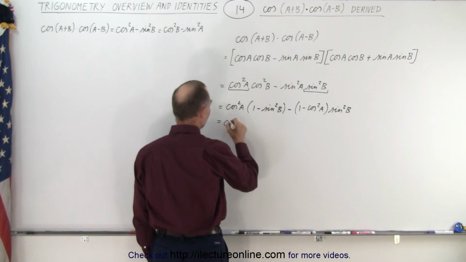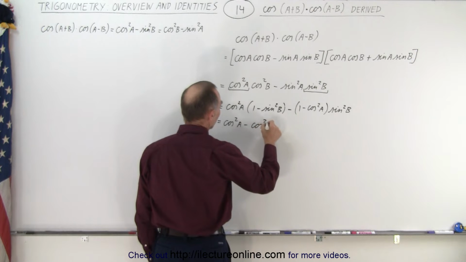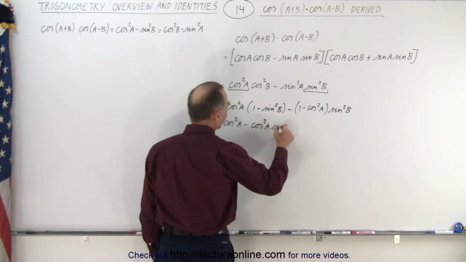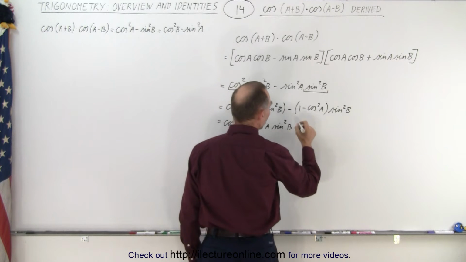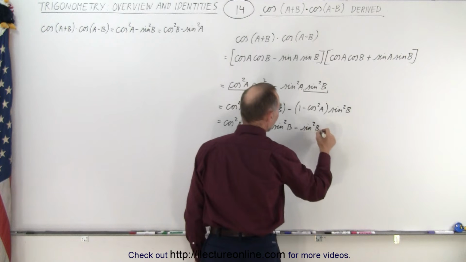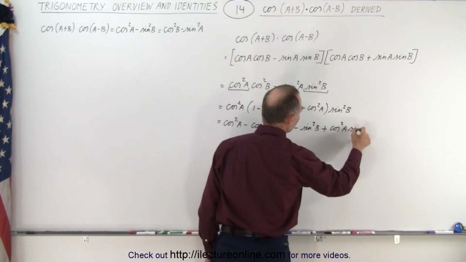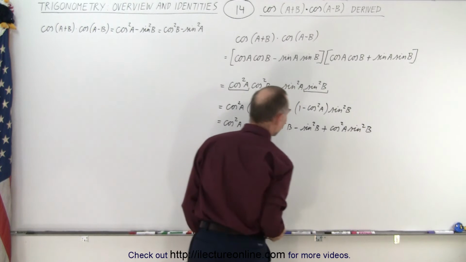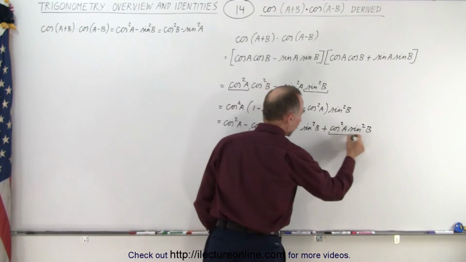So this is equal to the cosine square of A minus the cosine square of A times the sine square of B minus the sine square of B, minus times minus is plus the cosine square of A times the sine square of B. And then notice that these two are exactly the same.